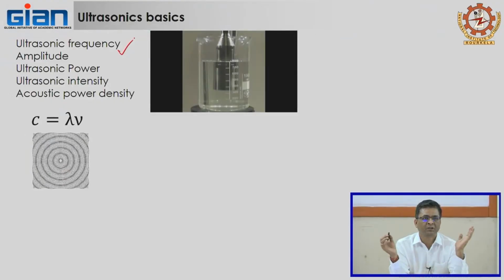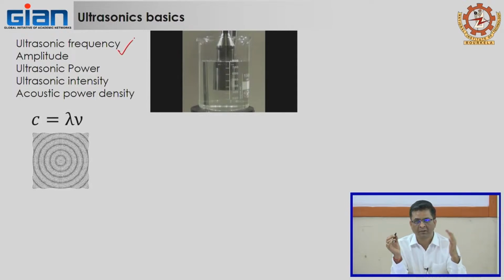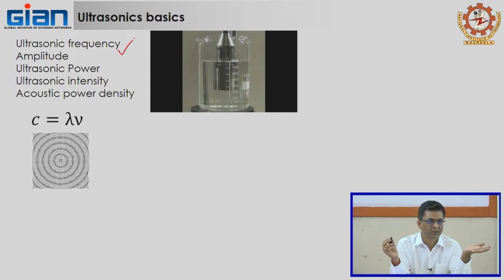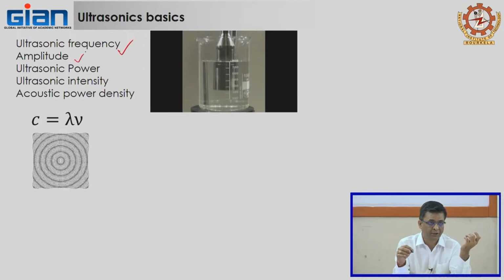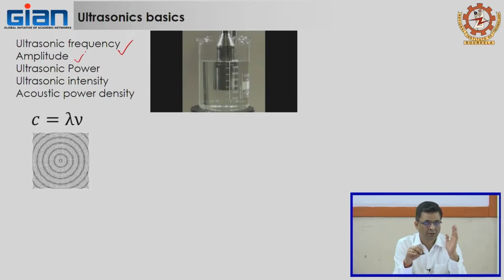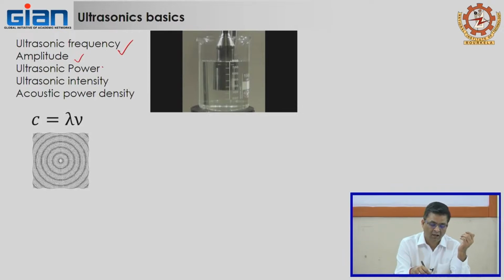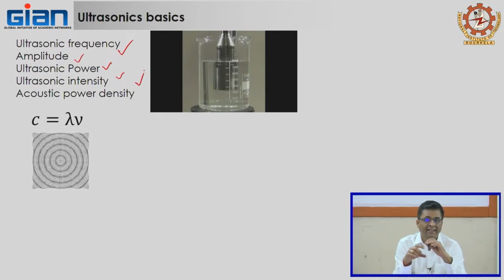What I am talking about is also based on frequency. It moves based on compression and rarefaction. Sound in liquid is different, in metal is different, in vacuum is different. The second one related to processing is your amplitude. It is the amplitude which is the guiding force for ultrasound. Then ultrasound power, ultrasound intensity and ultrasonic power density.